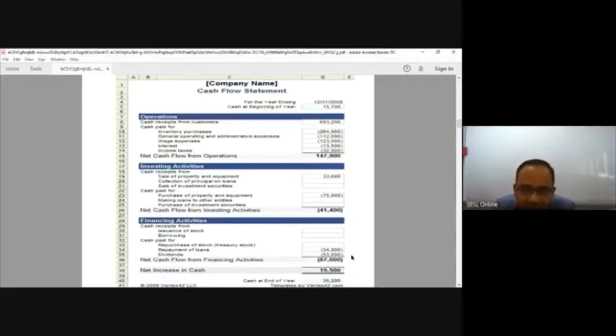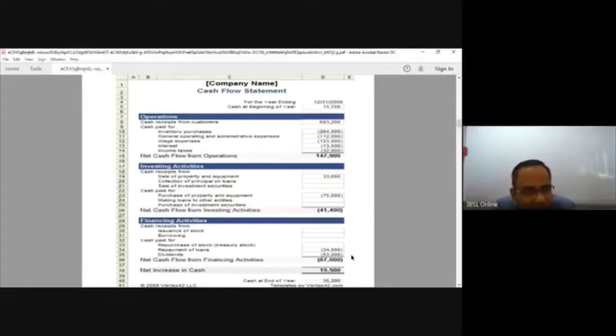So normally a cash flow statement, like what I told you, consists of 3 areas: operation, investing, and financing. There you take into account all that is coming in and all that is going out. Operations means in business, what is going out is your purchases, inventory purchases, other expenses, your overheads, operating and administrative expenses.